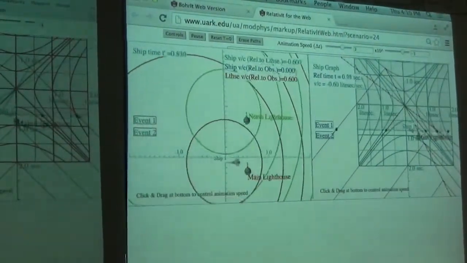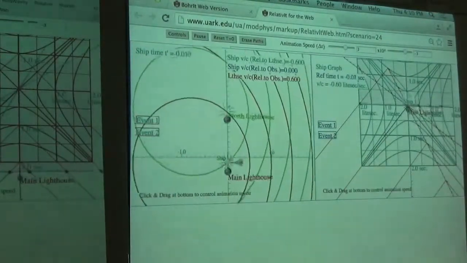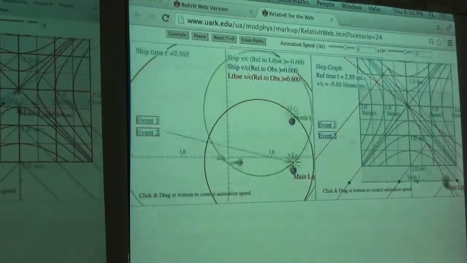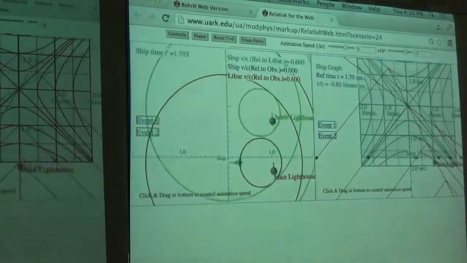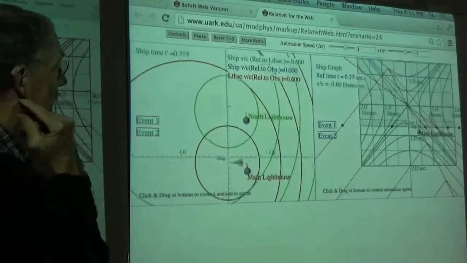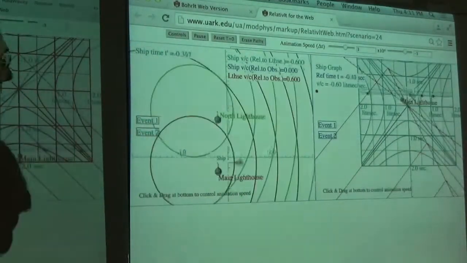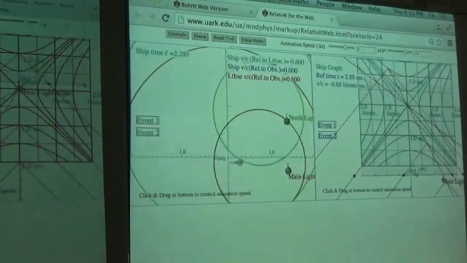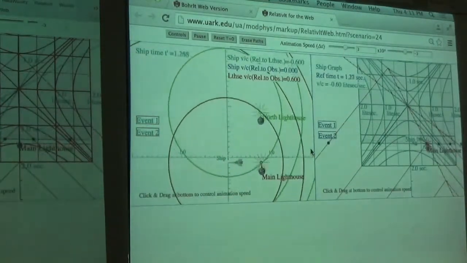Now, this becomes a very useful algebraic way of getting relativity if you pick half the speed of light instead of 3/5, because then these two events, event 1 and event 2, occur simultaneously in one frame and not in the other, and that is a nice way to teach what's going on here.